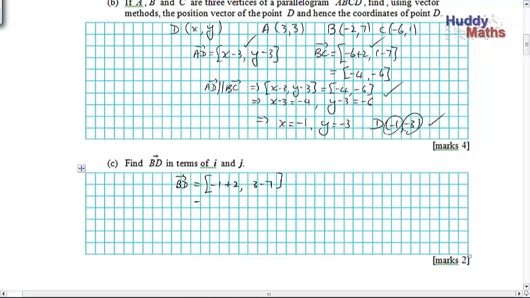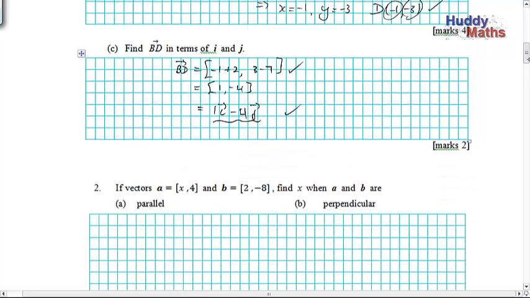So this is the point (1, -4), but it says in terms of i and j, so the BD vector is 1i take 4j. Only 2 marks here: 1 mark for that and 1 mark for that. Did you get your 2 marks?